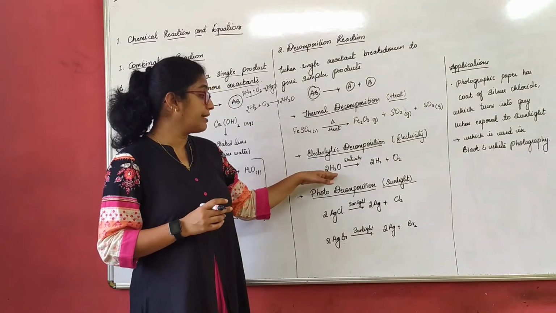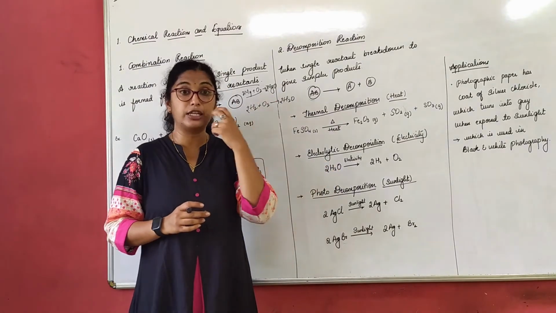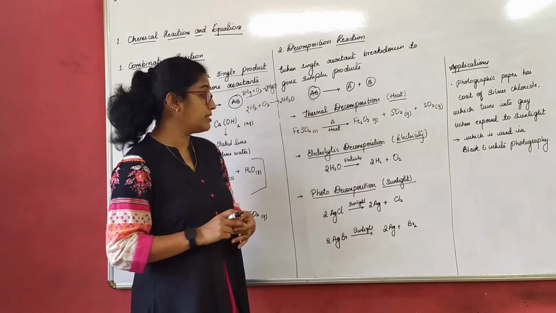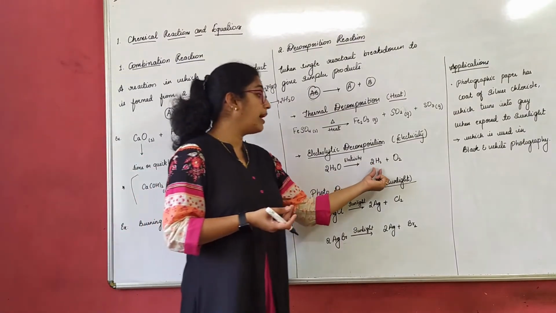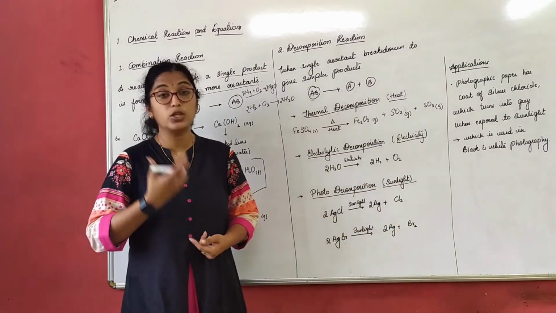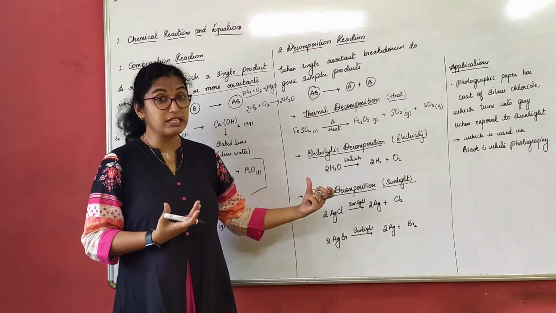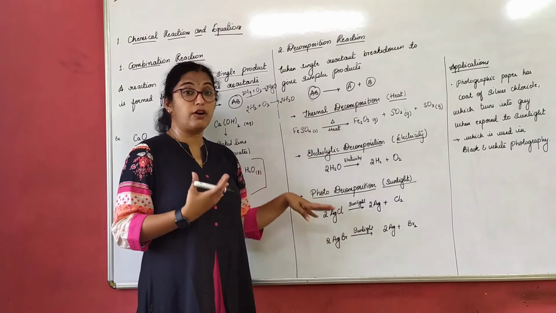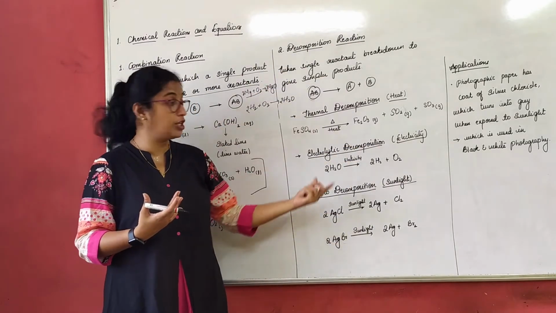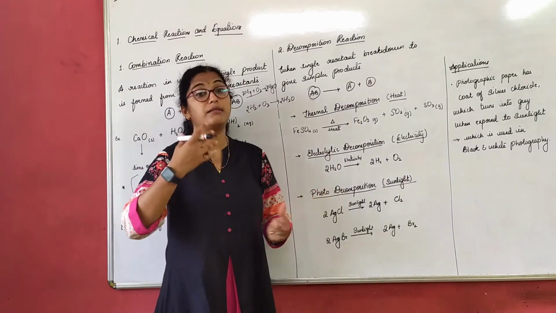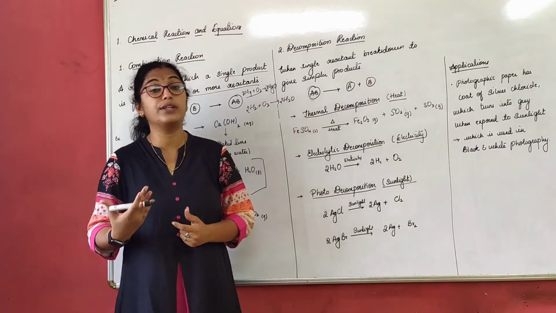Electrolytic decomposition means passing electricity. When we take water in a beaker or a container and pass electricity through it, we can separate the components of water into hydrogen and oxygen. Yes, we can do that. There is an experiment, which we will discuss after we complete the types of reactions. What is electrolytic decomposition? How is it carried out with water?